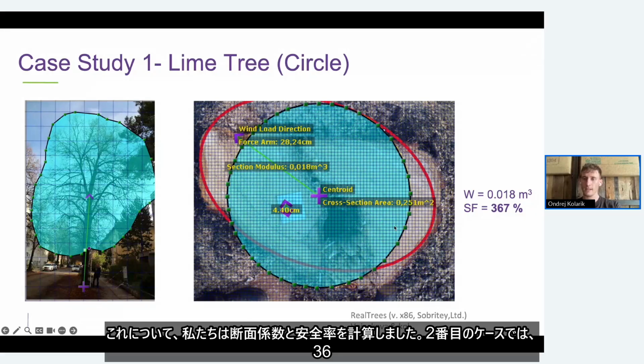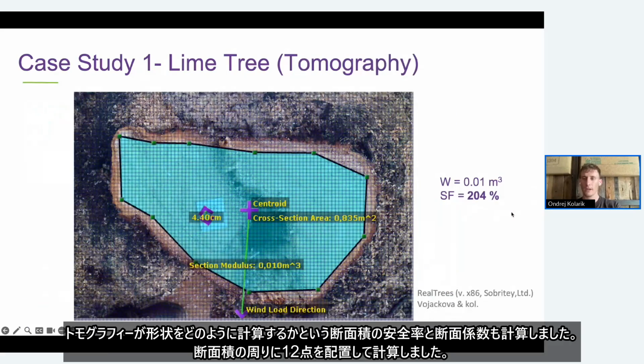For this, we calculated the section modulus and then safety factor. In the second case, we calculated also safety factor and section modulus for a cross-section of how tomography would calculate the geometry.